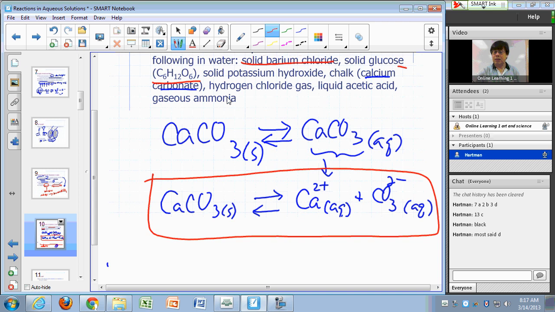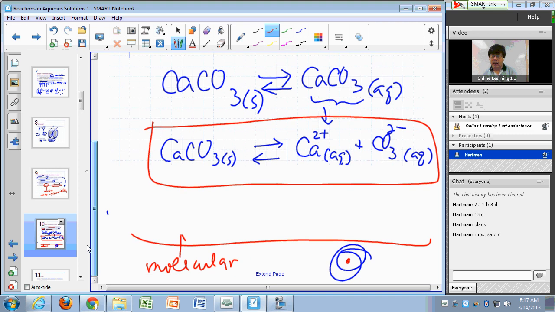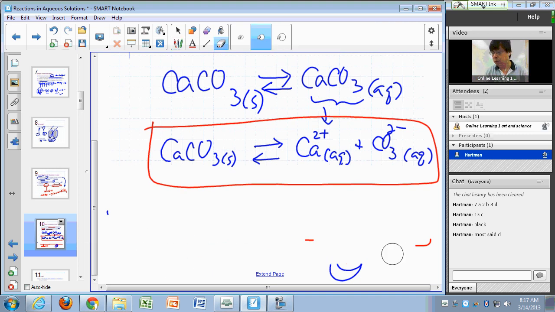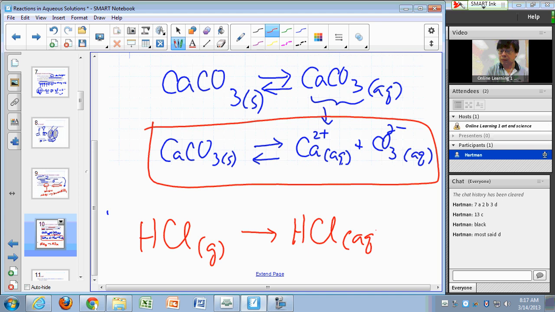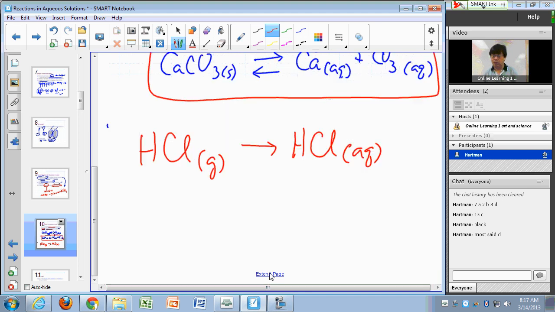What about this next one right here, hydrogen chloride gas? Well, hydrogen chloride is a gas, pure hydrogen chloride, but if you mix it with water, what happens? If you mix HCl gas with water, you get HCl aqueous. That's your molecular equation. Why do you call it the molecular equation? Because we can write this another way.